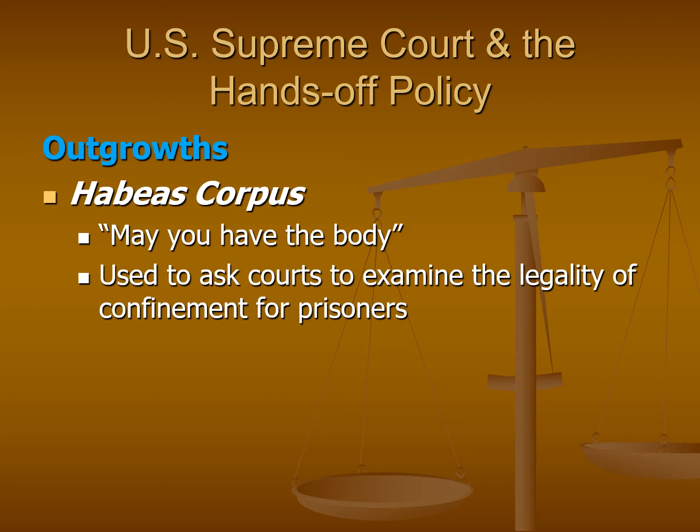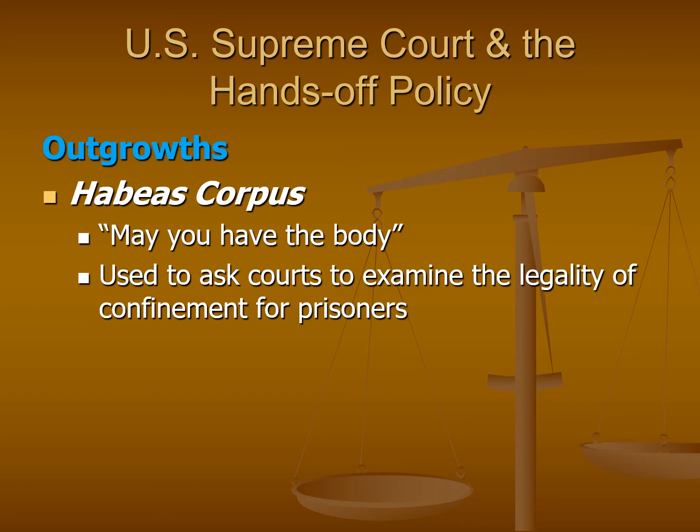Oftentimes, the component of confinement that they wanted examined and questioned by the courts referred back to what they argued was a basic right guaranteed by the U.S. Constitution under amendments like the First Amendment, the Fourth Amendment, the Eighth Amendment, and the 14th Amendment.